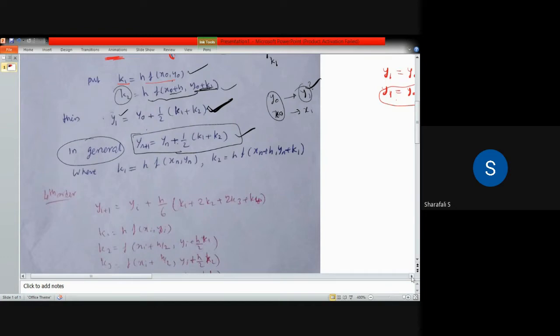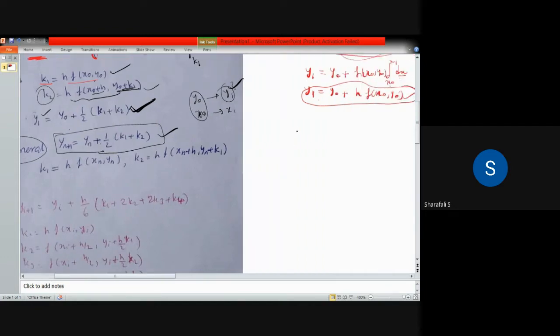So what actually are we looking at in this method? For example, consider that graph again. We have dy by dx on the y-axis, which is nothing but f of x comma y, and this is x. You know x0 and y0, the initial points.